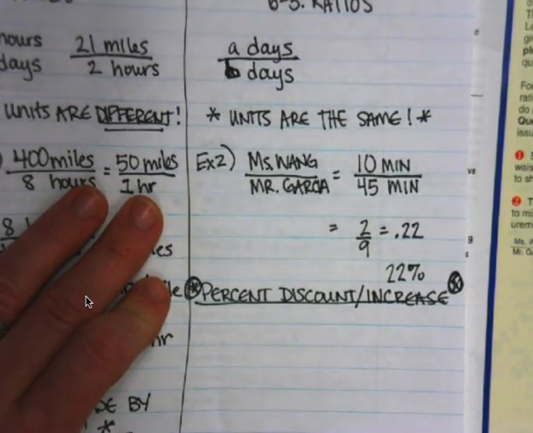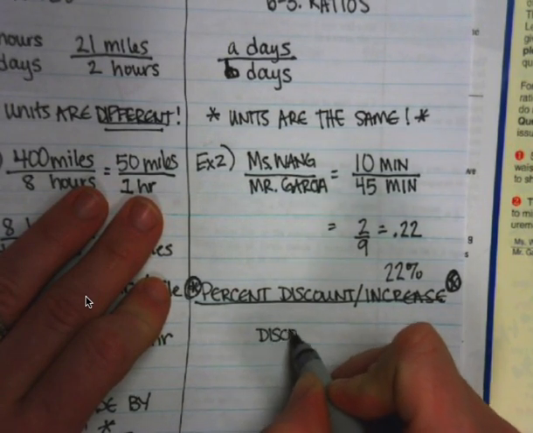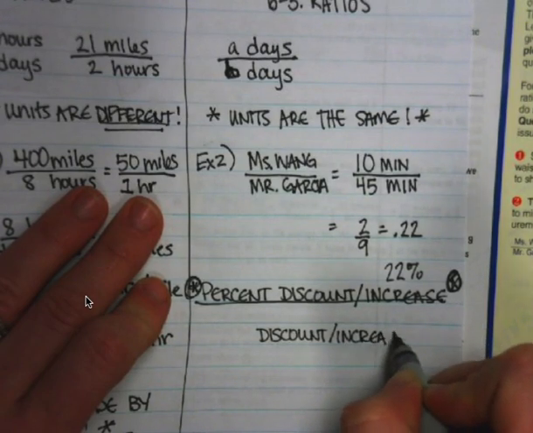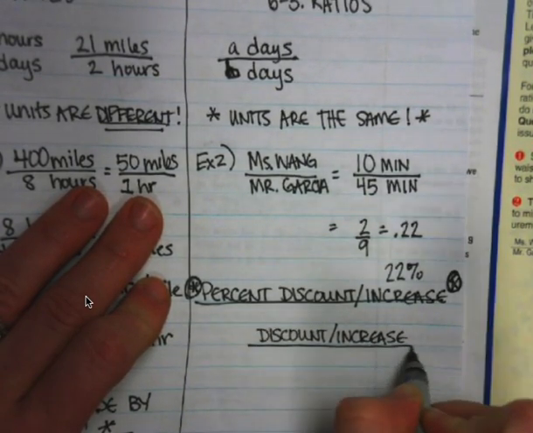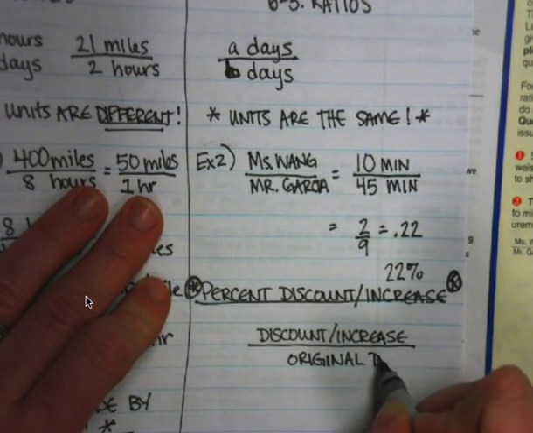To find the percent discount or increase, you're just going to have the ratio of your discount or increase, whichever you're doing, compared to the original price.